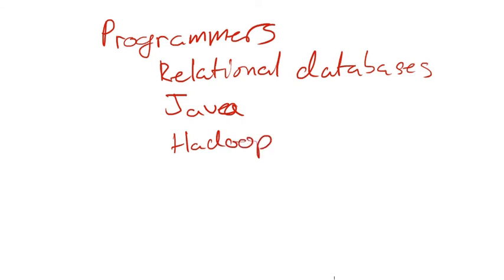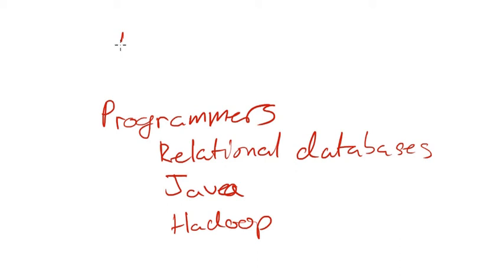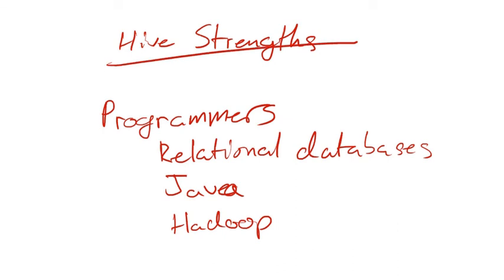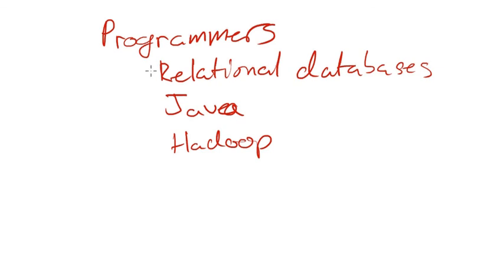And this is one of the other strengths of Hive. Actually, let me write Hive strengths up here. Alright, so that's one of the strengths of Hive, is that not only can we get programmers that know relational databases, we can get programmers that know Java and Hadoop, because you can build extensions to Hive.